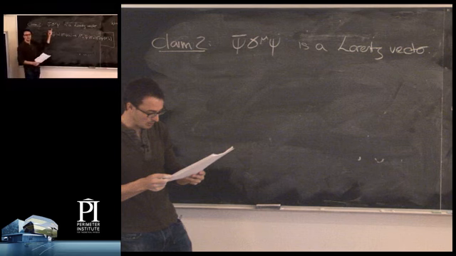Okay, this is a bit trickier to see. What's going to happen is you're going to get an S dagger here and an S here. The S dagger, you're going to have to move through the gamma zeros, become S to the minus 1.